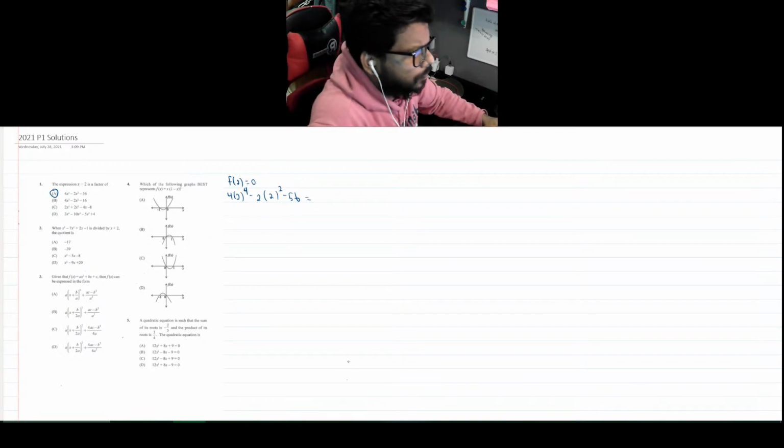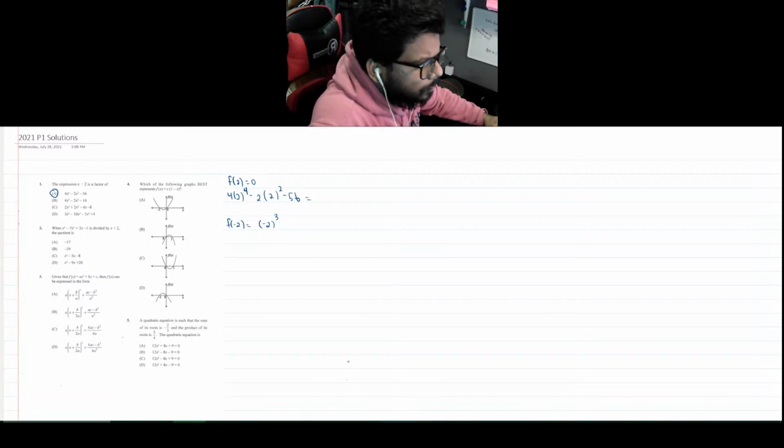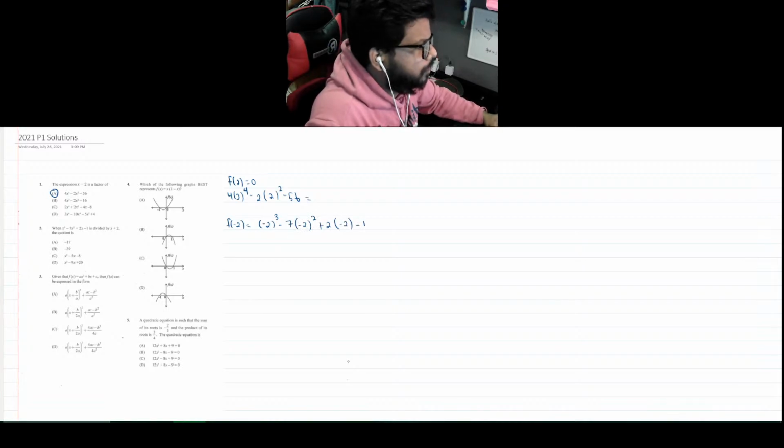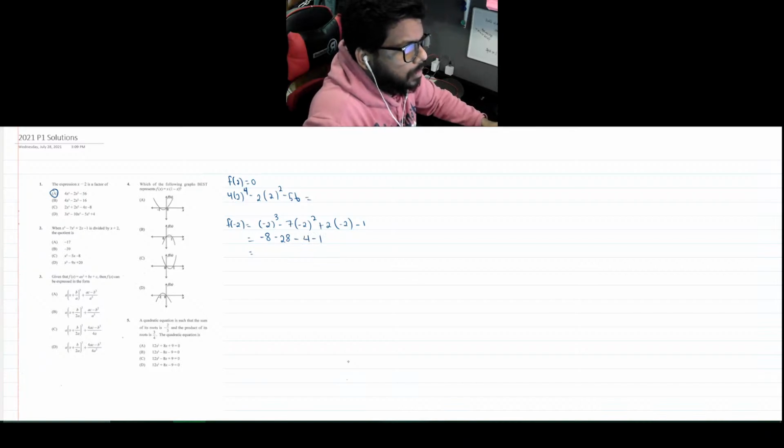When that is divided by x plus 2, the quotient is, I think this one was negative 39. So we have f of minus 2 is equal to minus 2 cubed minus 7 into minus 2 squared plus 2 into minus 2 minus 1. This is minus 8 minus, 7 4s are 28, minus 4 minus 1, it is minus 39.